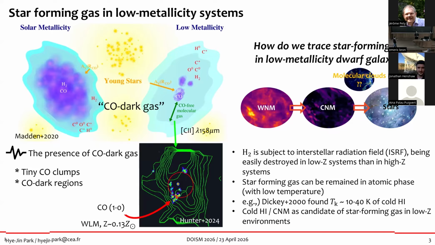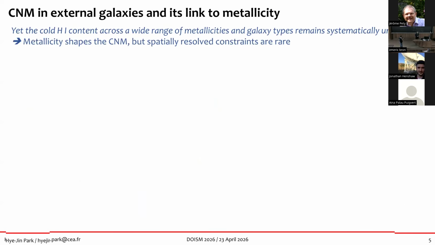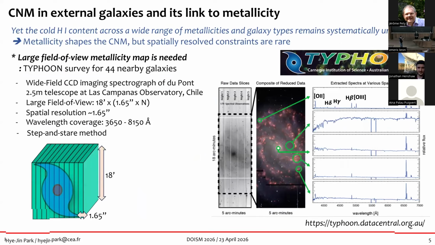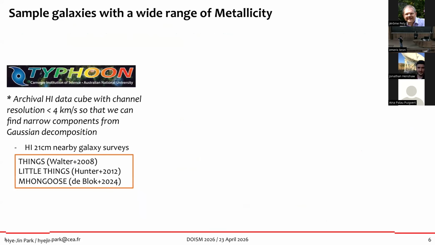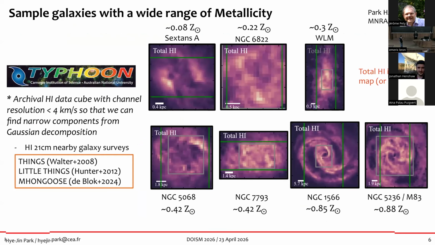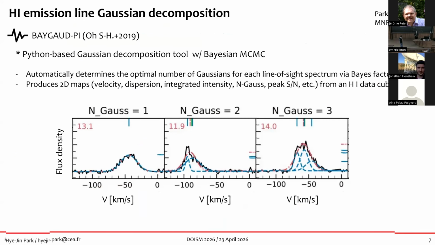Maybe a quick question about the processing part for the Gaussian decomposition. I'm wondering if each voxel is processed independently or if there is some kind of joint processing, because on your map it seems to be correlated between neighboring pixels. For this tool, there's no assumption that neighboring pixels should have similar properties, but we actually had tried.